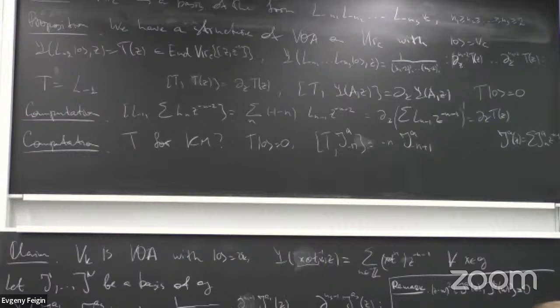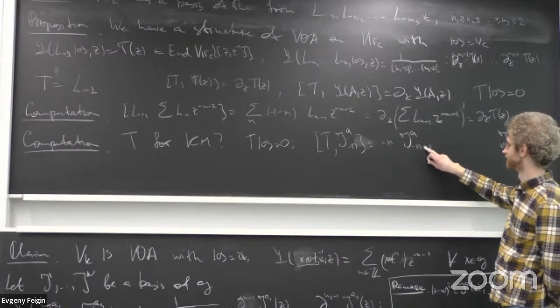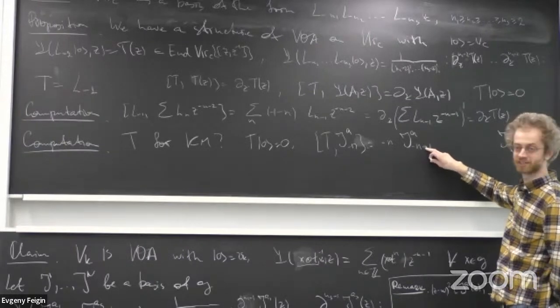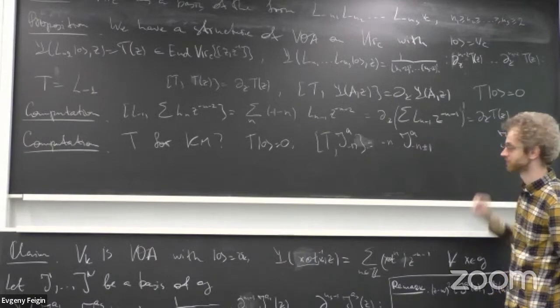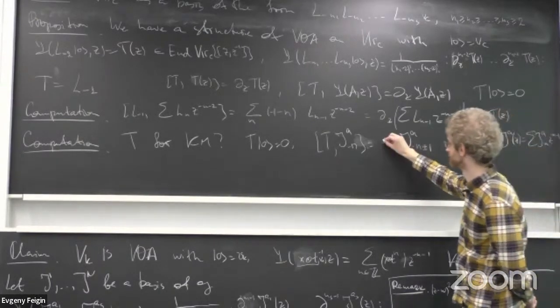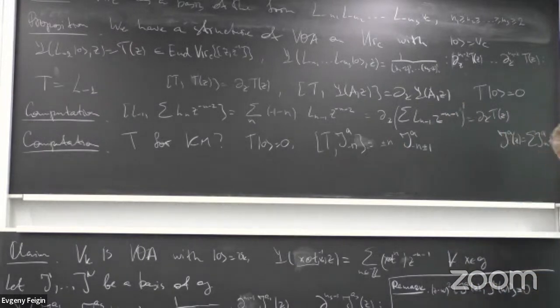Is this formula correct? I disagree. Please make a computation. So let's compute, and we have plus minus here, two variables, and also we have two options here.